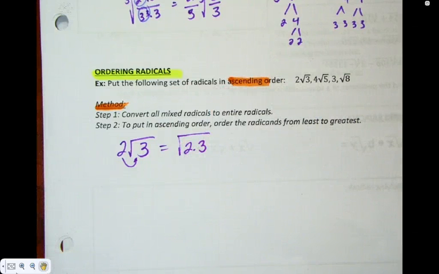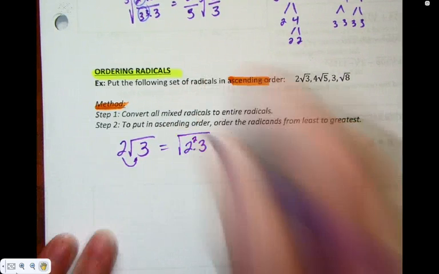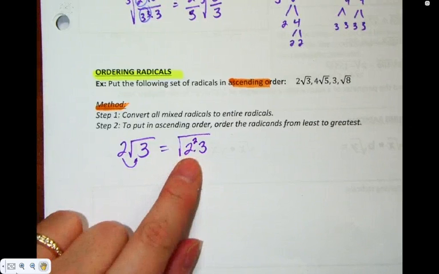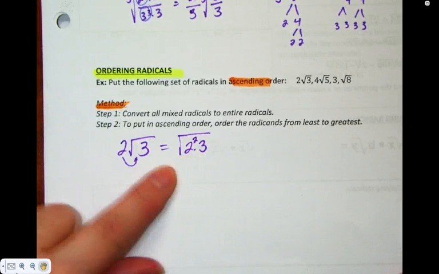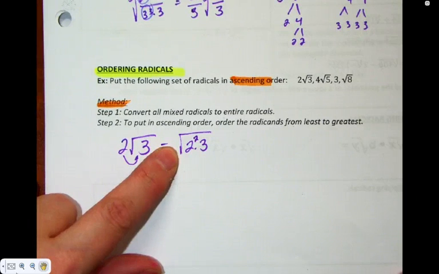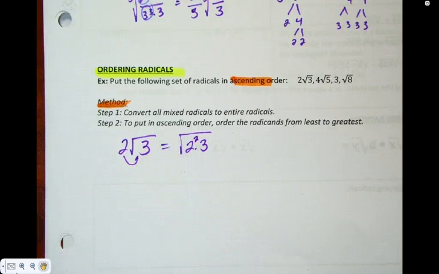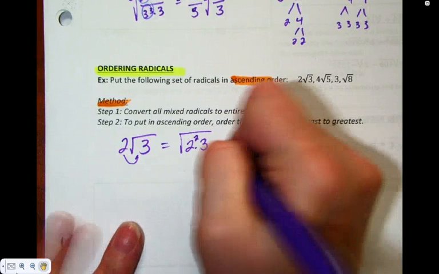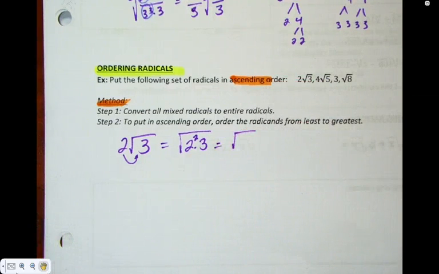But what do I need to give it? See, why am I giving it the index? Because what happens if I were to pull it out front? It would cancel. So I'm giving it back from the canceling. That's why we give the exponent when we go backwards, because it would have canceled, so I need to put it back. And now I'm just going to simplify with BEDMAS, so exponent first, 2 times 2 times 3, 12.